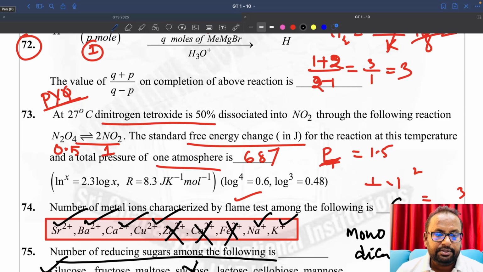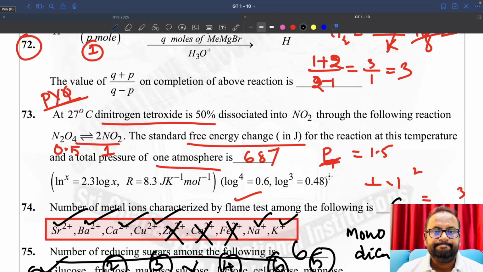So glucose is a reducing sugar, fructose is a reducing sugar, maltose is a reducing sugar, lactose is a reducing sugar, right? Mannose is a reducing sugar, cellobiose is also a reducing sugar. So the answer turns out to be 6. Okay, thank you.